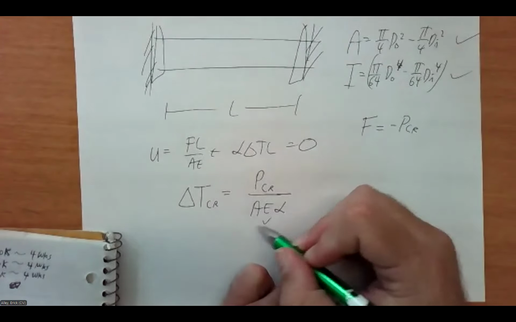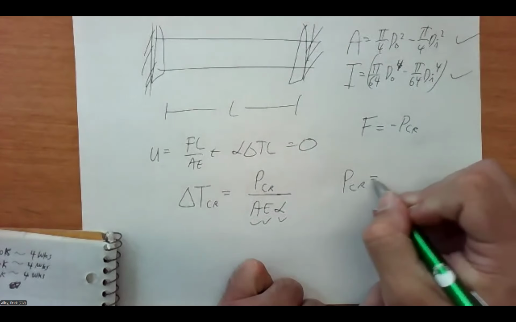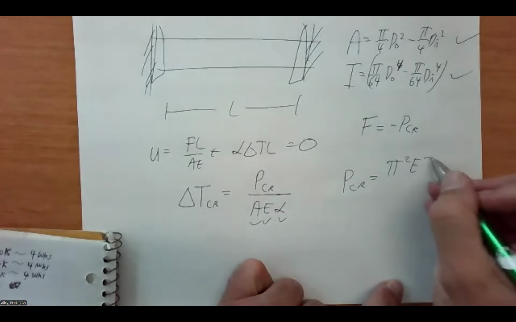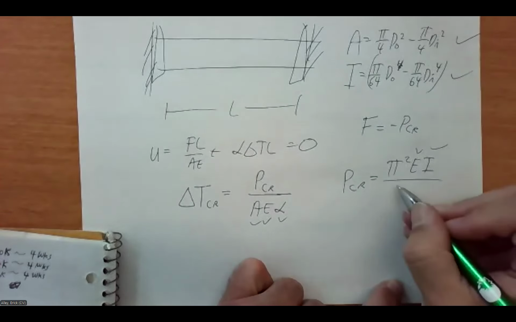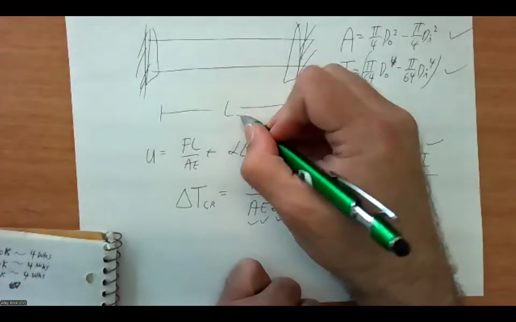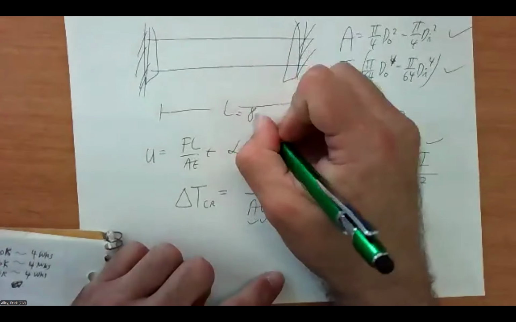So we've got E, we've got A, we've got alpha, and then P critical. P critical is going to be based on our end conditions. Pi squared EI, so we got those. And then it's over L effective squared. All right. Our length for this pipe was that 8-meter distance.